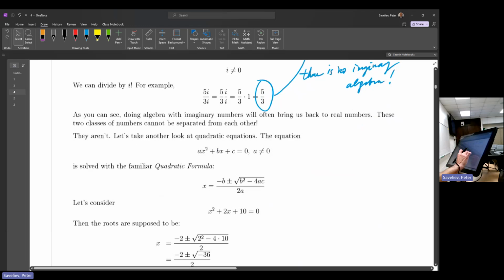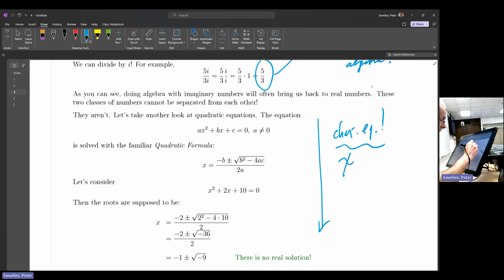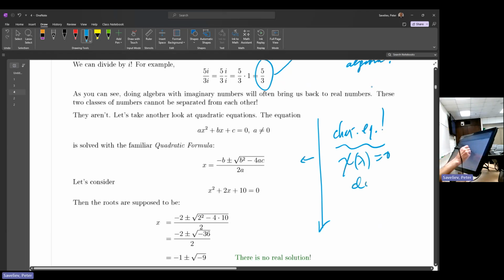So once again, as I pointed out, that's really where things come from, and remember where it came from. It is the characteristic equation. To find the eigenvalues, the characteristic equation is equal to 0. It is a quadratic equation for dimension 2.